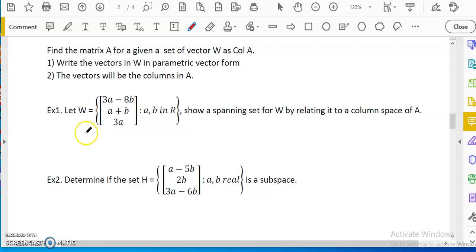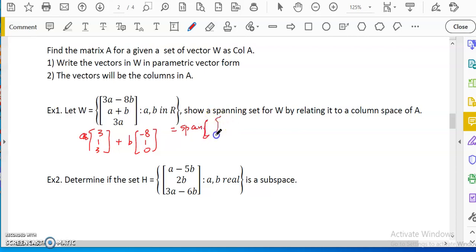You can factor the a out, and have a times 3, 1, 3, right? Plus b, factor the b out, that would be negative 8, 1, 0. So this W is actually a linear combination of these two vectors. So this is spanned by these, right?